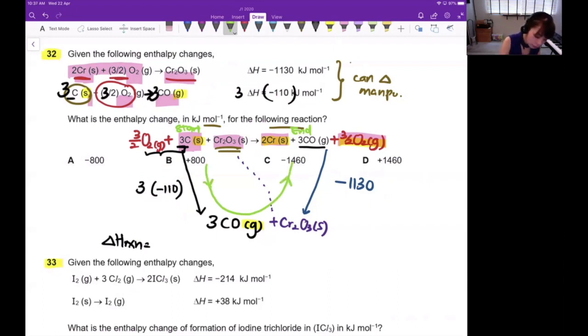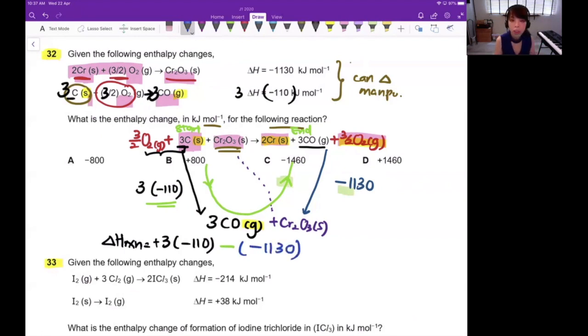So because this is along, we will have to add 3 times of -110. Okay, add. And then this is against, so this is against this value. So therefore, we have to minus that delta H of that reaction, -1130. Press your calculator carefully. You should get your answer to be plus 800 kilojoules per mole.